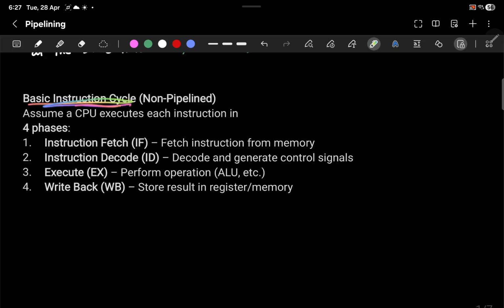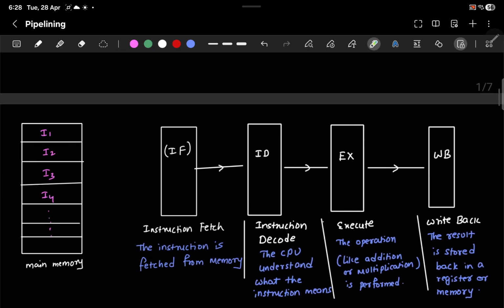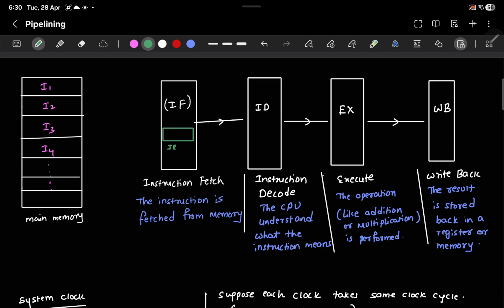What is it exactly? Whenever the CPU executes any instruction, it executes each instruction in 4 phases: instruction fetch, instruction decode, execute, and write back. Whenever the CPU tries to execute this particular instruction I1, it goes through the first phase, the instruction fetch cycle.